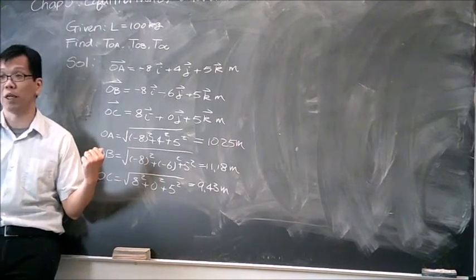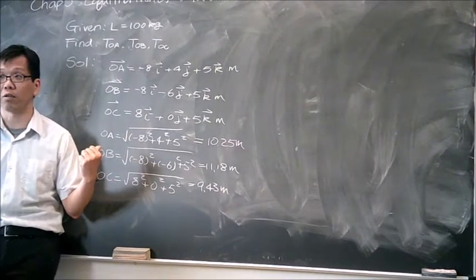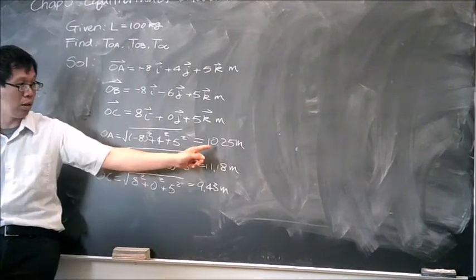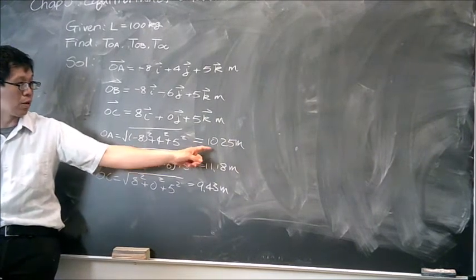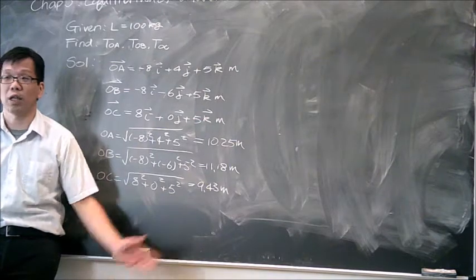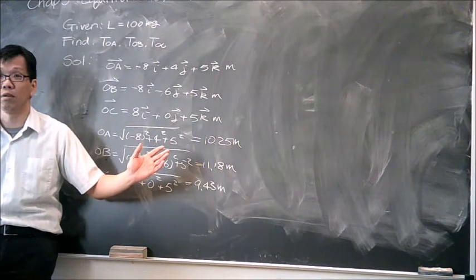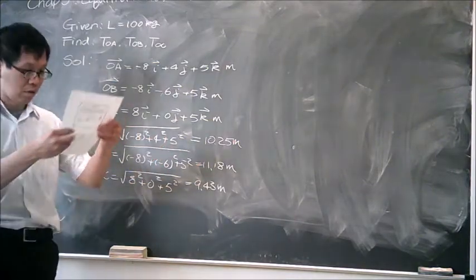Nothing fancy. I'm just repeating what I was doing in the first hour of today's class. So you need to identify the total length of this one, and this one. So what's next? We got the length, we got the position vector. So what's next? Very good, unit vector.